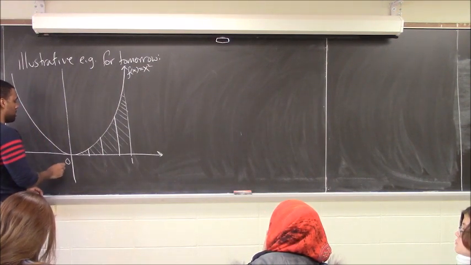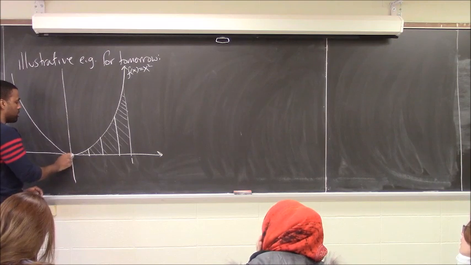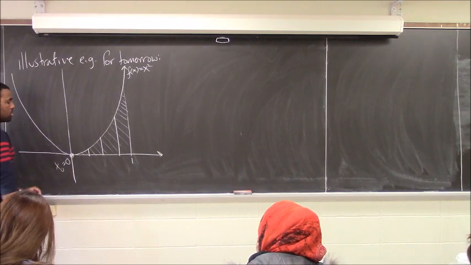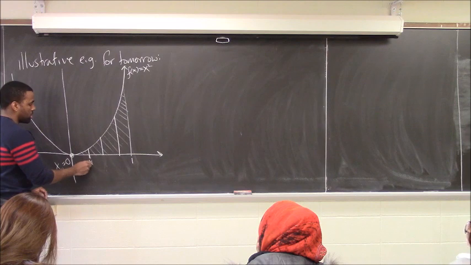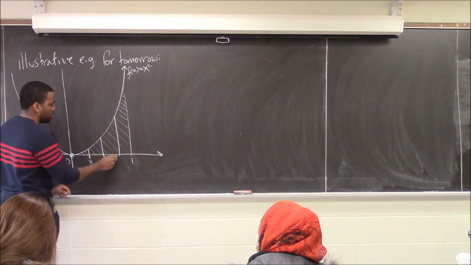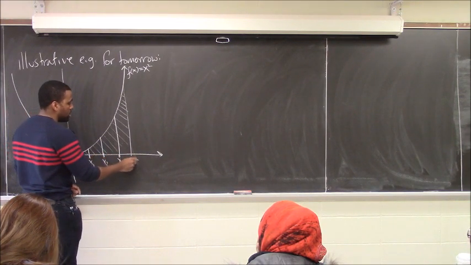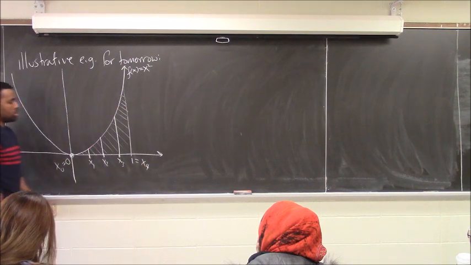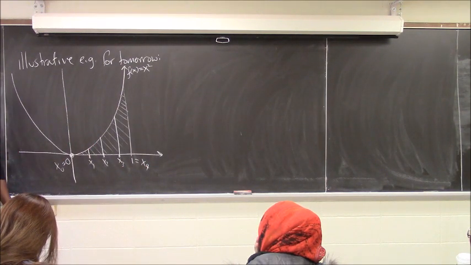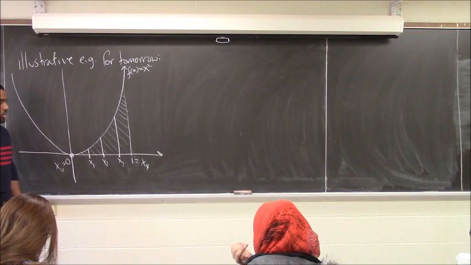And let me name these things. Call this left endpoint x0, this x value I'm going to call x1, that x value x2, that x value x3, and this one x4. So I split up the x-axis under that graph into 4 sections.